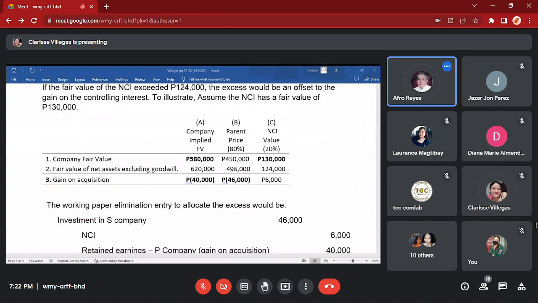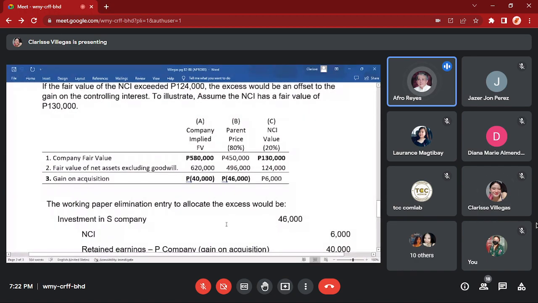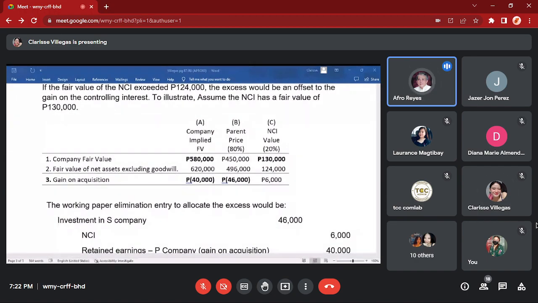Opo. So, it's very interesting yung portion na pinakita mo sa amin. You have shown us a case wherein nagkaroon ng gain on acquisition, tapos nagkakaroon ng allocation ang NCI.